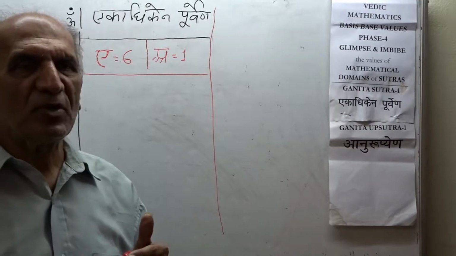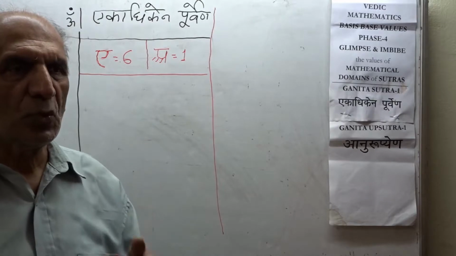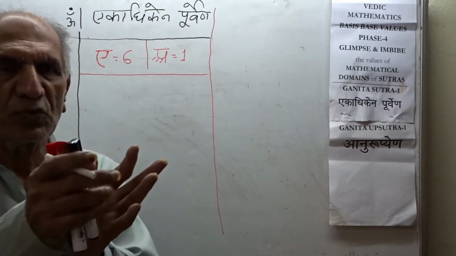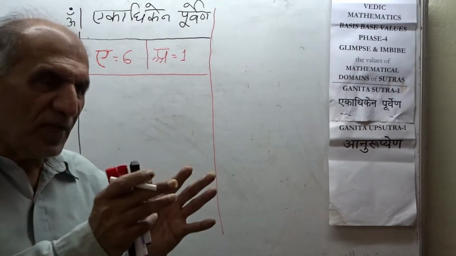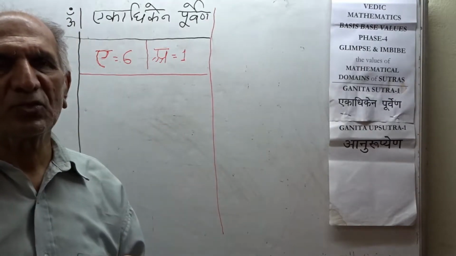We also can recapitulate that the transition from Ganita Sutra 1 to Ganita Sutra 2 is to be in terms of the values and features of Ganita Sutra 1. So 13 Ganita Sutras fill in the gap in between the pair of Ganita Sutras.